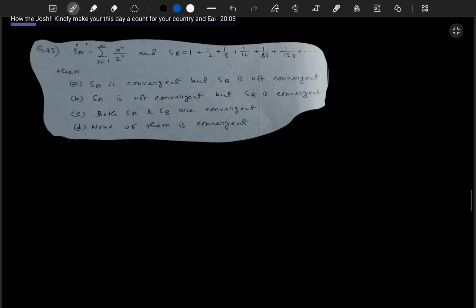Now 45. So first here, the term is a_n equal to n squared by 2 to the power n, so a_(n+1) equal to (n+1) squared by 2 to the power (n+1).